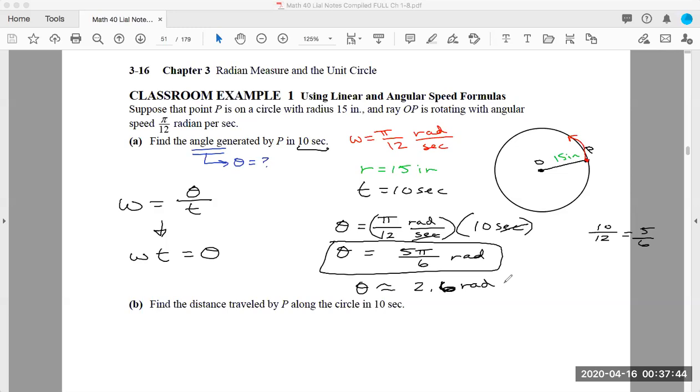It's going to be easier to leave it exact throughout this problem, just so that you don't have to worry about rounding. If you round here, you have to keep your exact answer, whatever your calculator gives you, throughout the calculation. It's kind of a pain.